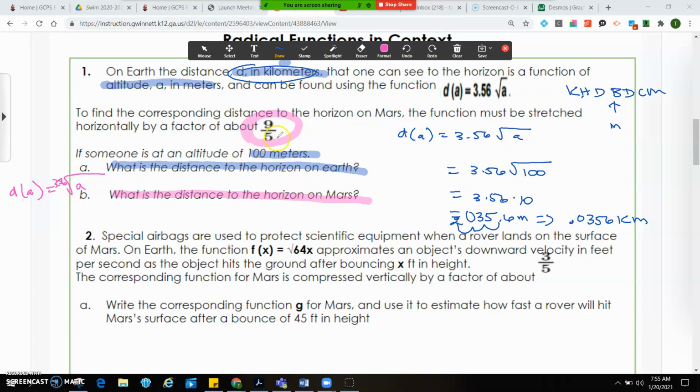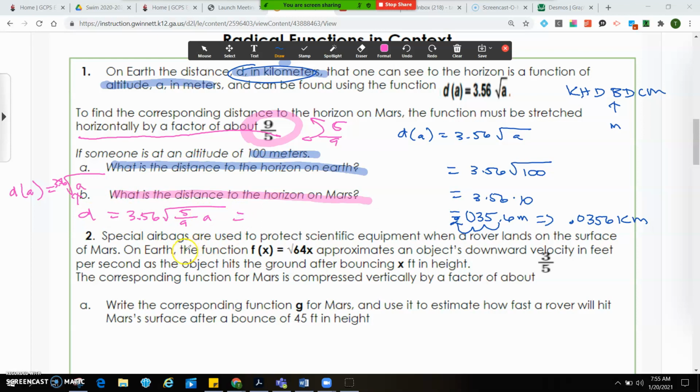When it says that you're going to stretch by a horizontal factor of 9/5, you're going to take that 9/5 and flip it. So that's going to be 5/9. And you're going to plug that right in front of that a. So you're going to do 3.56 square root of 5/9 a.